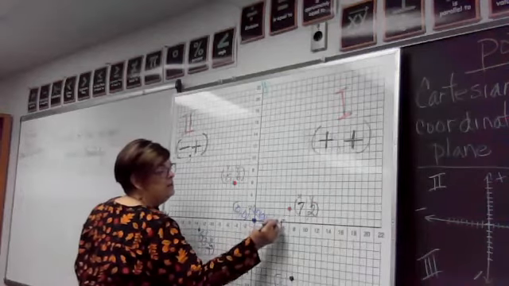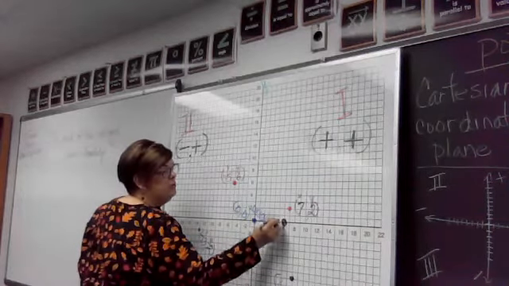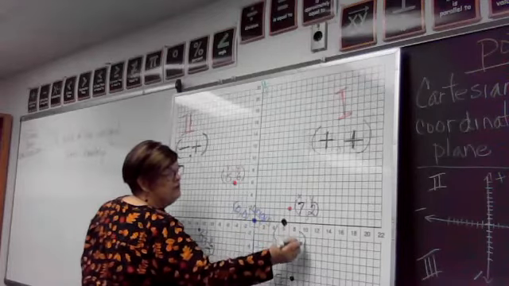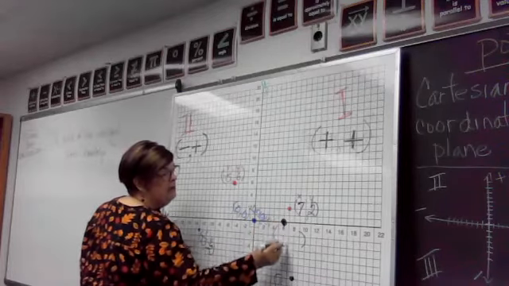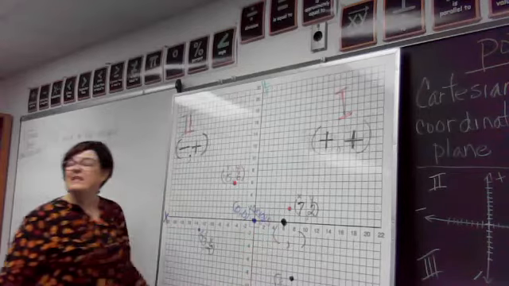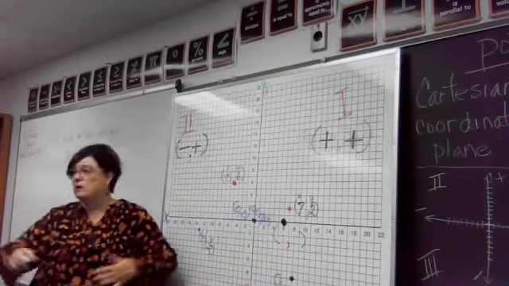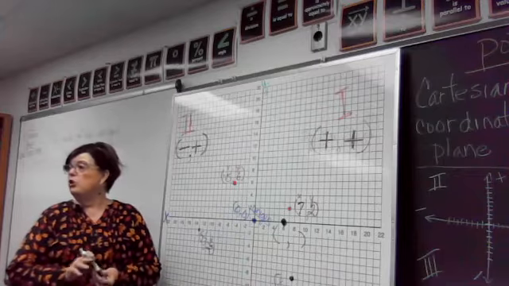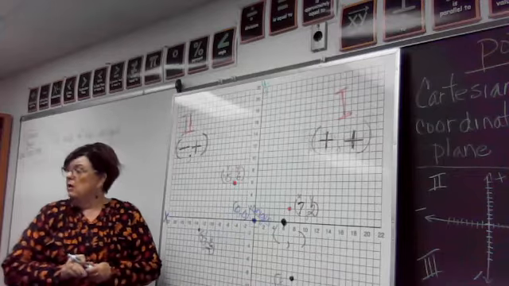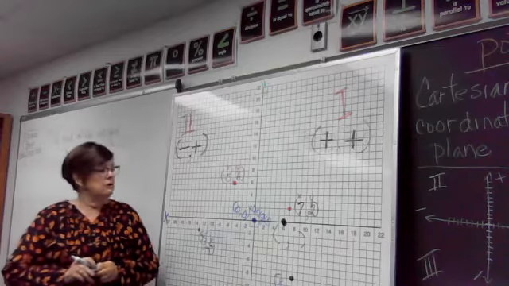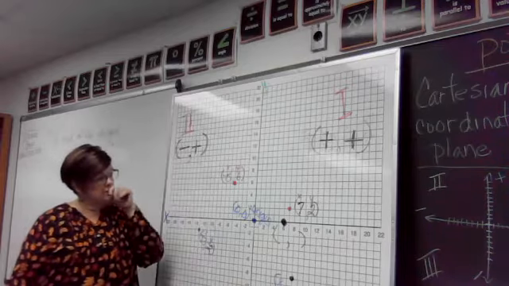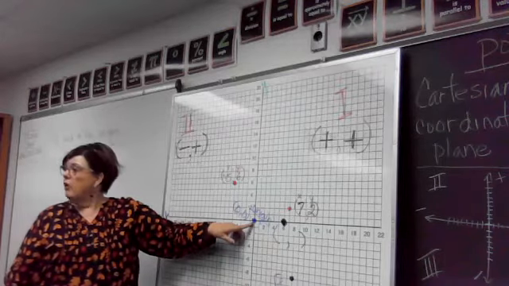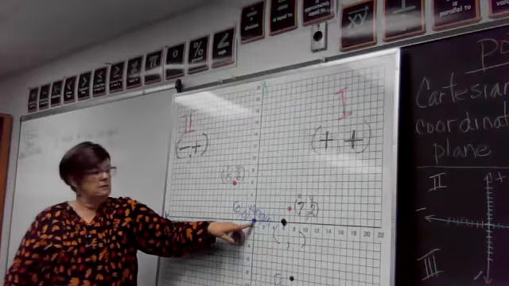I want to plot this point. Now I need to know the coordinates of this point right here, okay? Now we're going to do it exactly the same way we've done all along. You have to find out how far you're going to go on the x-axis and then the up and down, okay? The y direction.